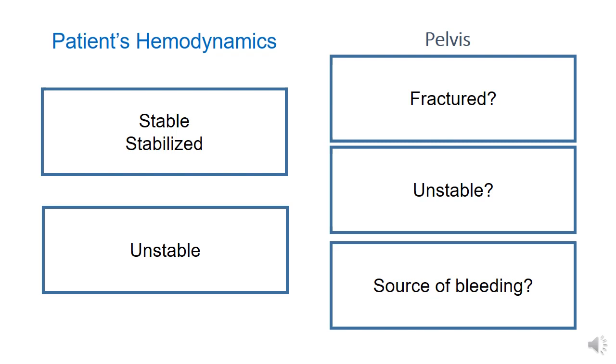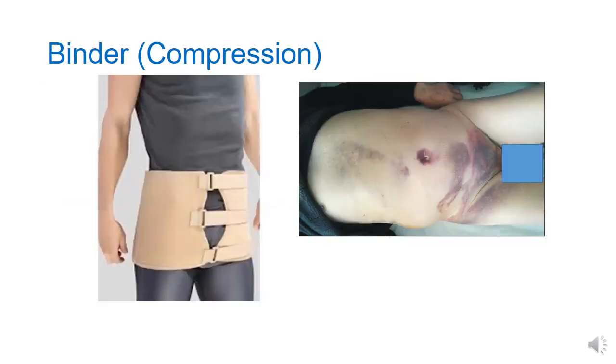The safe approach is to treat every pelvic fracture as unstable until proved otherwise, and also to guess that the source of bleeding will be from the pelvis, and this will be proven or disproven later on when the patient is stabilized. So the pelvis is the source of bleeding until proved otherwise.